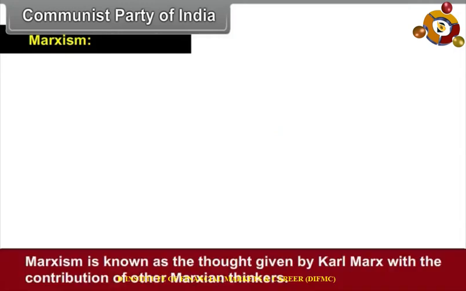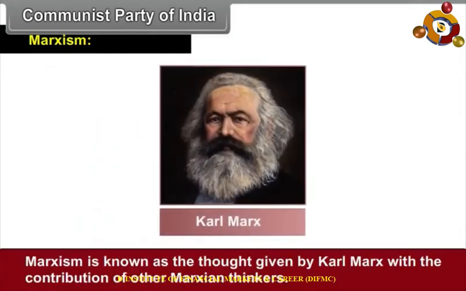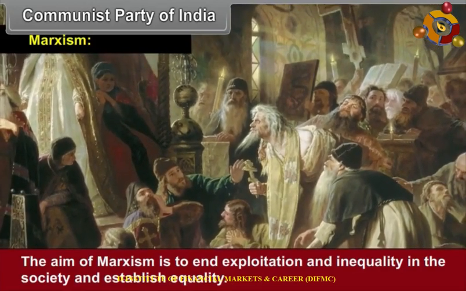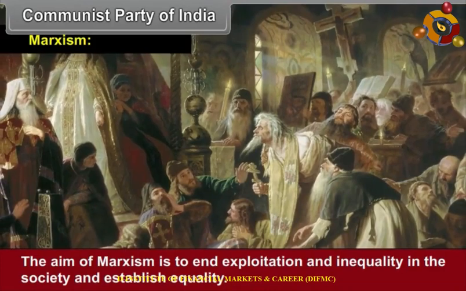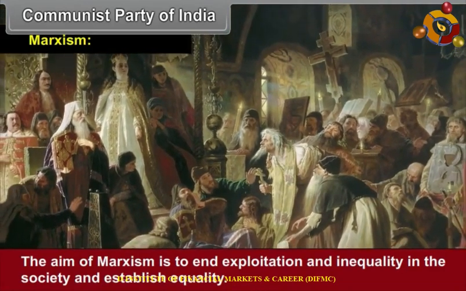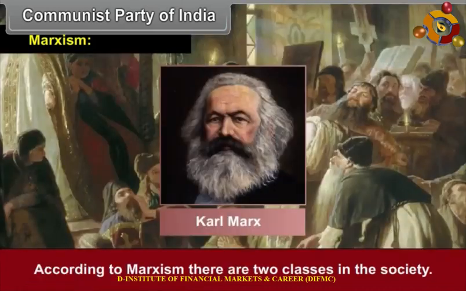Marxism. Marxism is known as the thought given by Karl Marx, with the contribution of other Marxian thinkers. The aim of Marxism is to end exploitation and inequality in the society and establish equality. According to Marxism, there are two classes in the society.